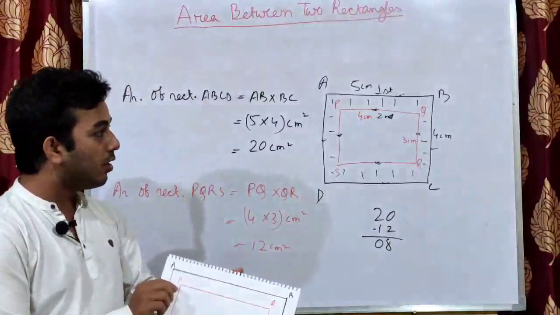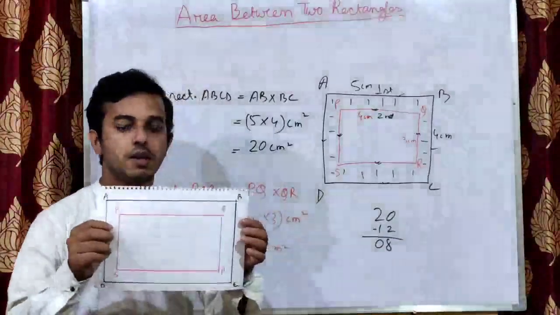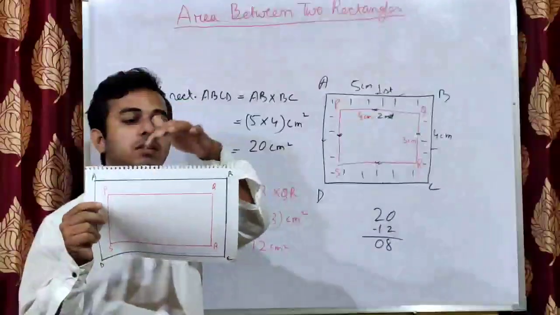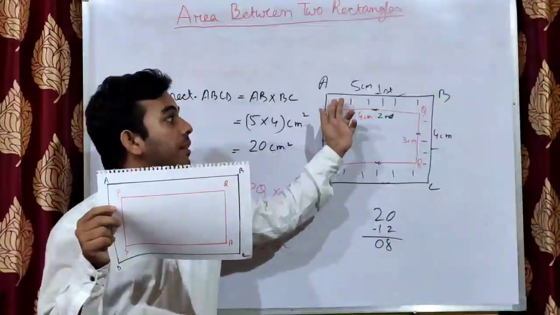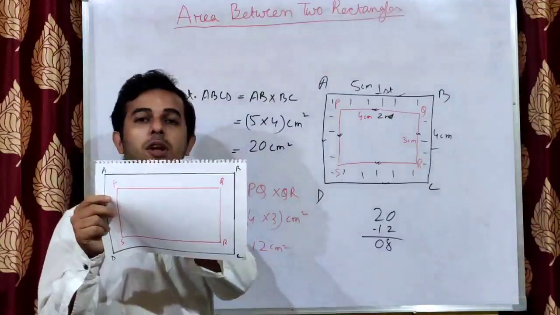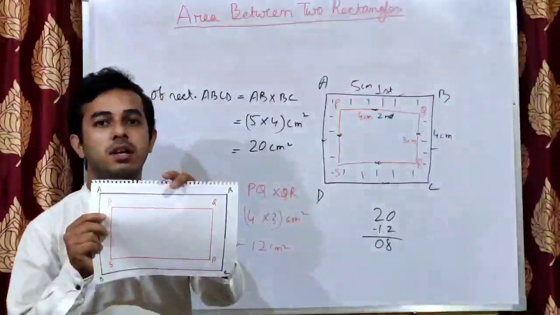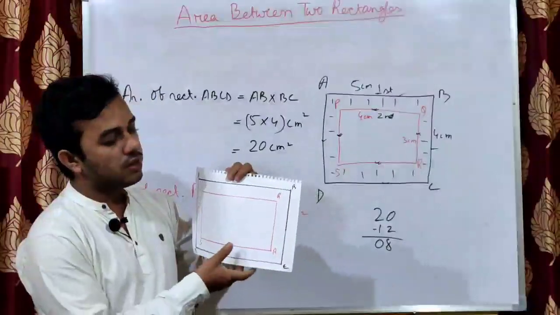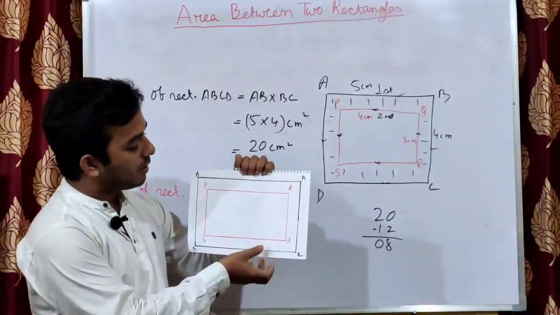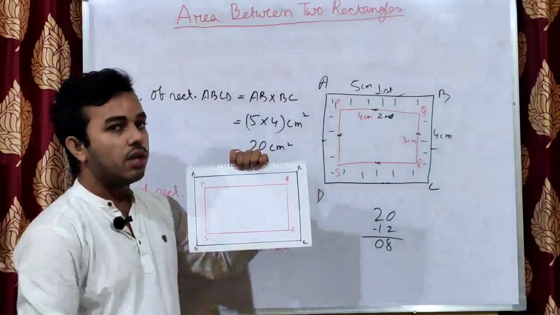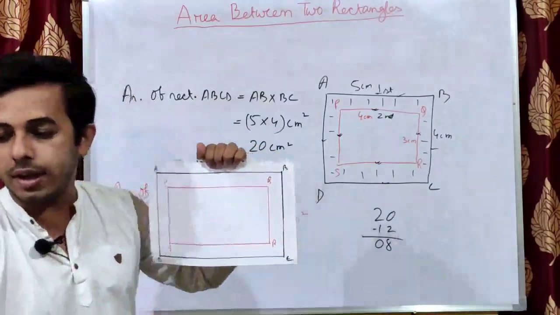Now consider these are both our rectangles. This black rectangle is ABCD, the greater rectangle, and the smaller is PQRS. Now if we remove the smaller rectangle PQRS, the figure we get is like this.